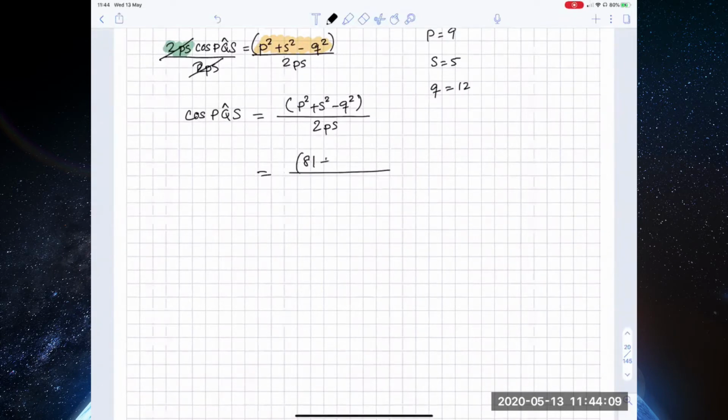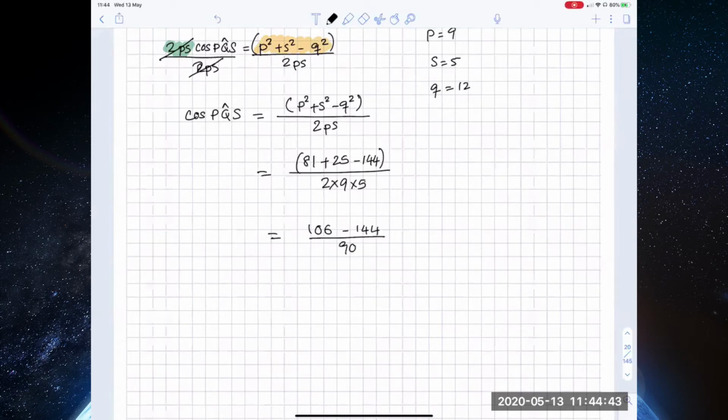So we just do P squared, which is 81, plus 25 minus 144, divided by 2 times 9 times 5. Okay, 81 plus 25 is 106, minus 144, divided by 9 times 5, which is 45.